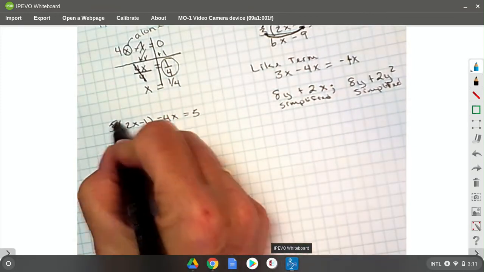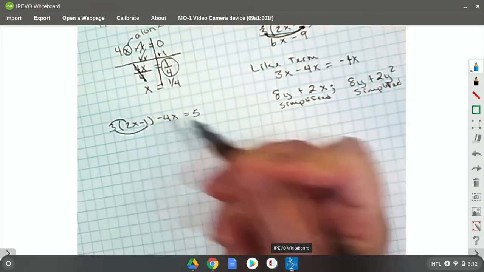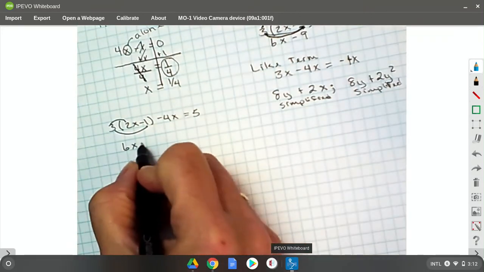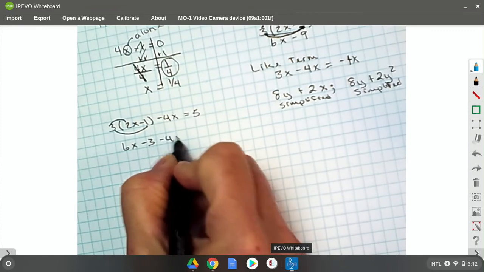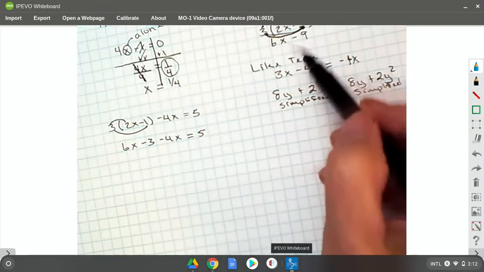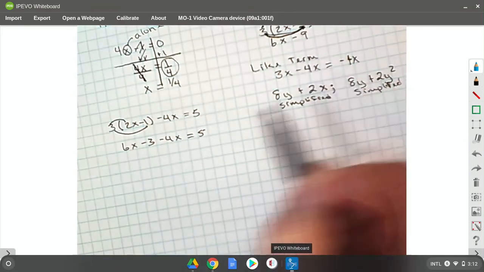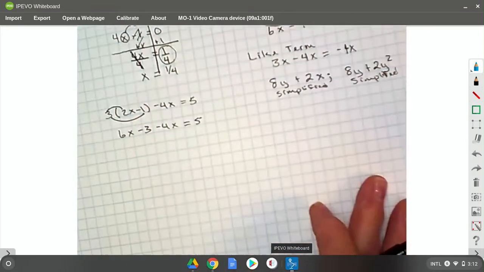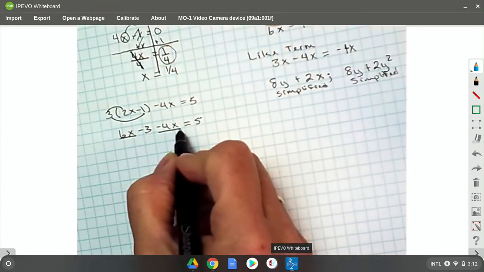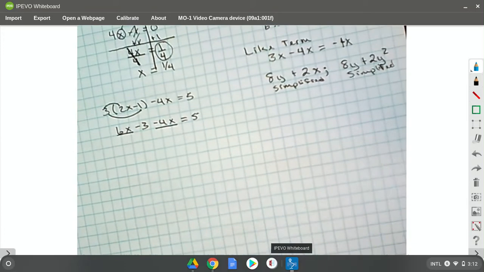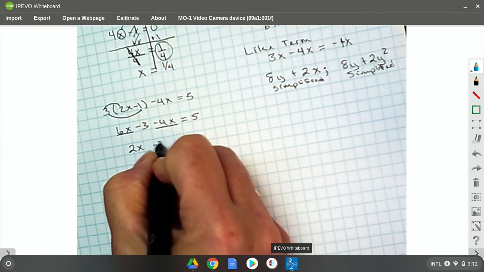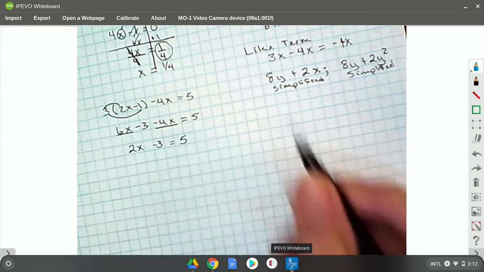So wink and smile. 3 times 2x and 3 times negative 1 gives me a 6x minus 3 minus 4x equals 5. I still have some simplifying I can do, so I'm not ready to start solving yet. I've got a 6x and a negative 4x. Watch those signs in front. And that's going to leave you with a 2x minus 3 equals 5.